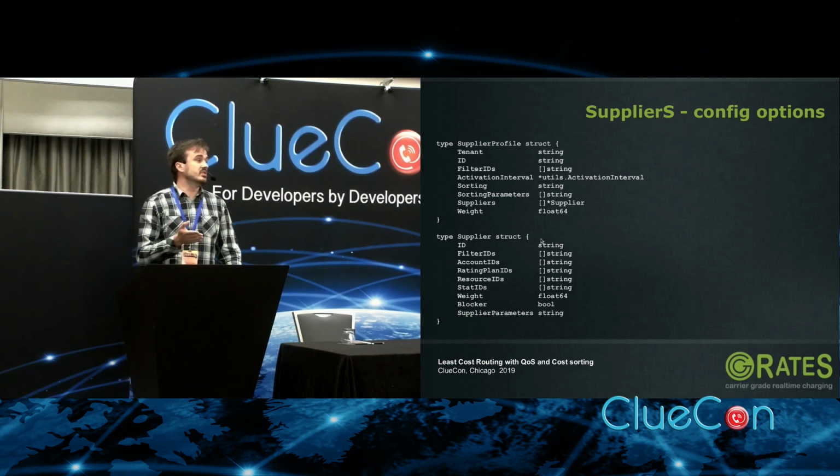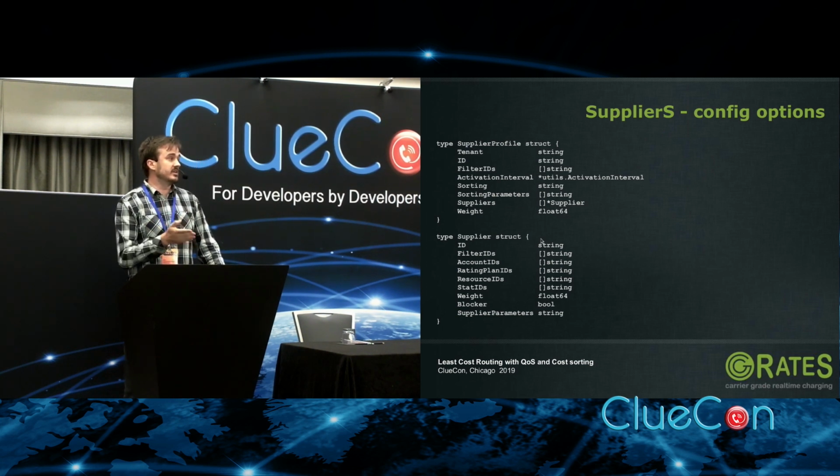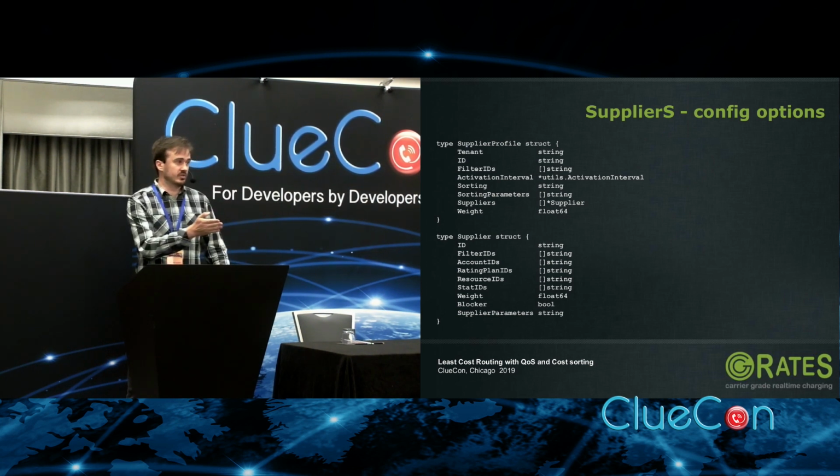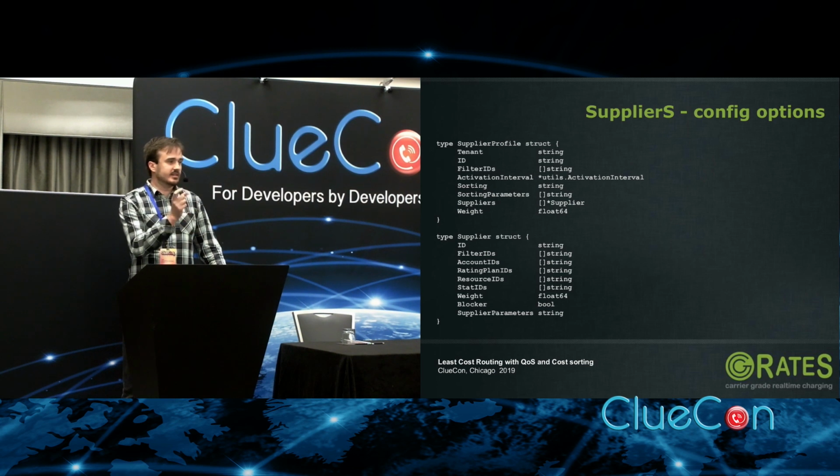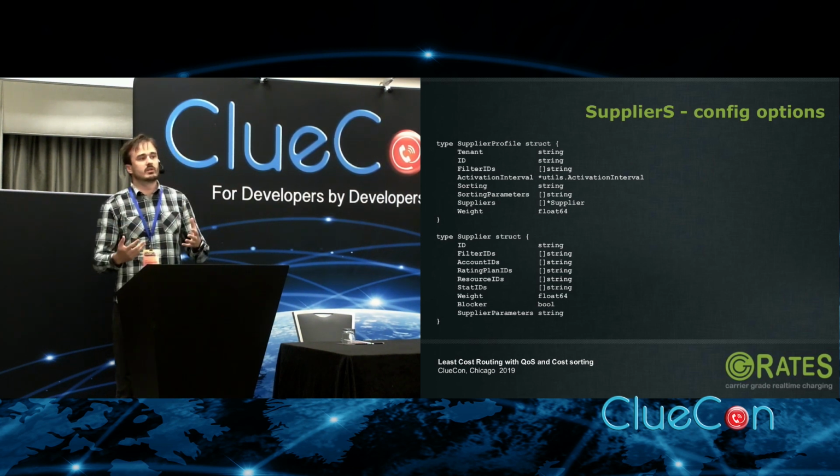And these IDs are the information which you will see back in your FreeSWITCH in the channel variables. Simple string IDs. And you can interpret that based on your own needs.